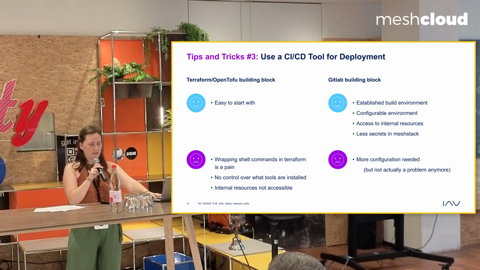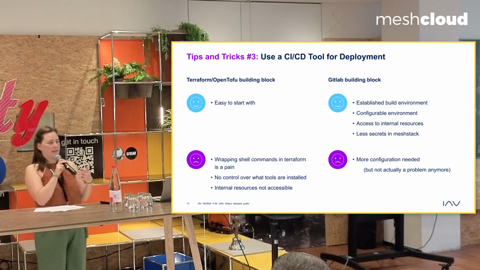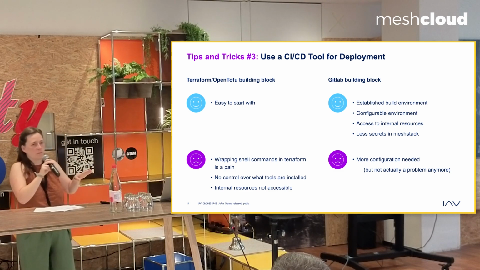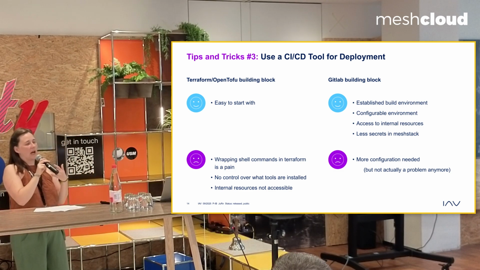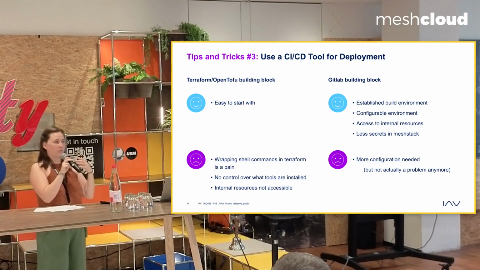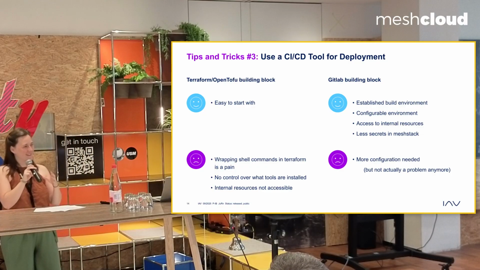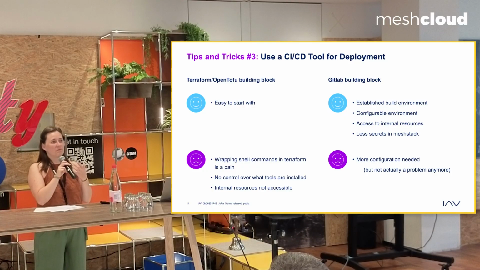And that's why we said, okay, we're going to use a GitLab building block. We're going to trigger a GitLab pipeline from the building block, and then we're using GitLab for almost everything. So we have a lot of expertise already in how to build GitLab pipelines. We have a lot of pre-configured building blocks for pipelines in GitLab. So that's a huge plus.